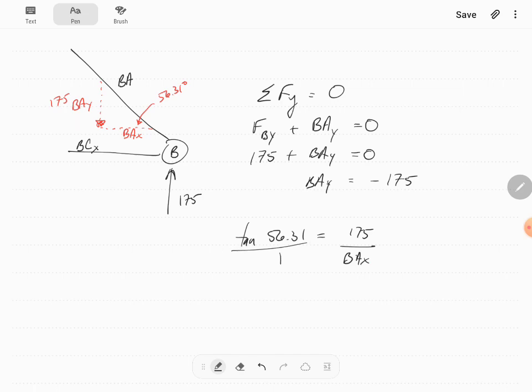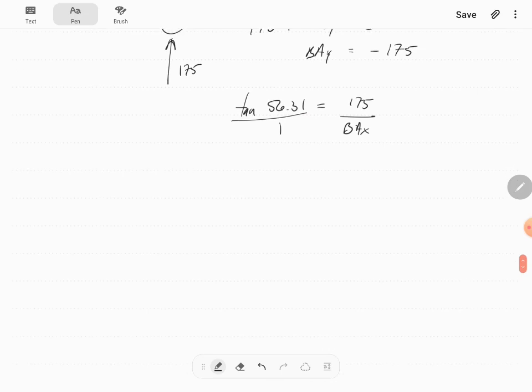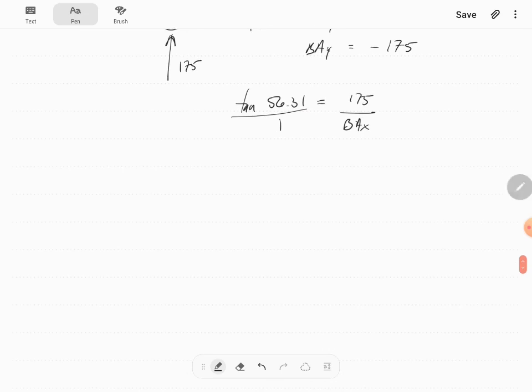Put this over 1, time to cross multiply. So when I cross multiply, I'm going to get that BAX multiplied by the tangent of 56.31 is equal to 175. Remember that the tangent of 56.31 is just a number. So, side note, let's say that this is 10 and this equals 5x.